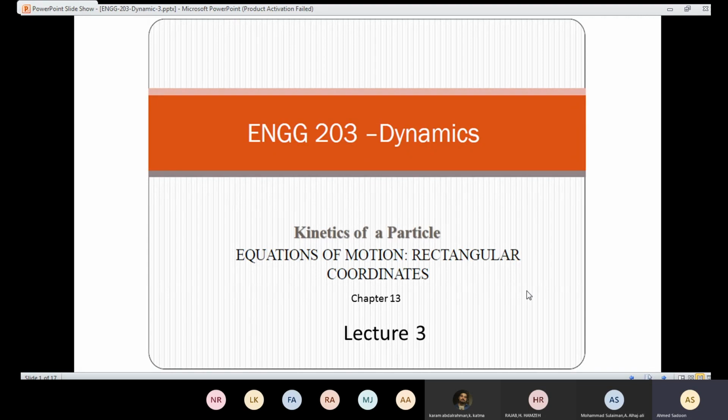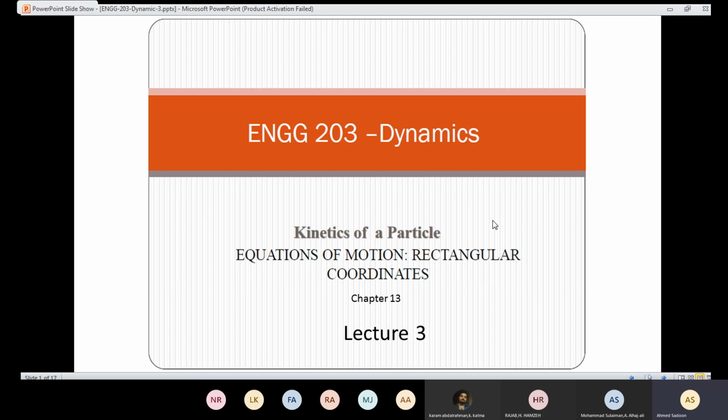So let's get started. We are going to continue our discussion regarding the kinetics of a particle. Last time we learned how to draw the free body diagram for a particle that is moving, and we have forces acting on that particle. And we learned that we have two diagrams.